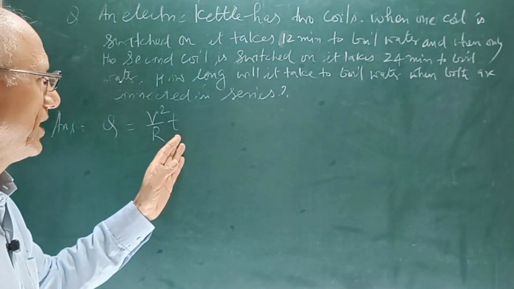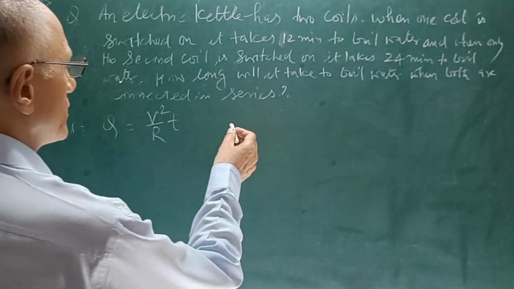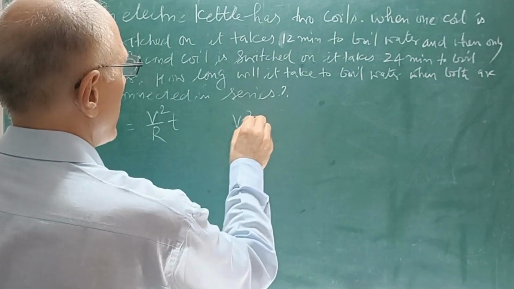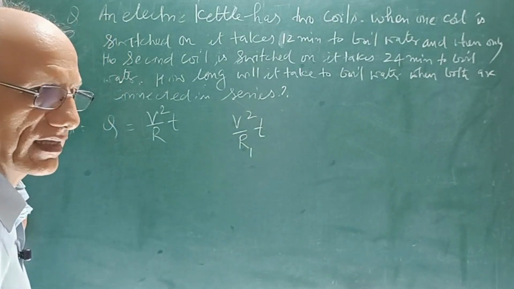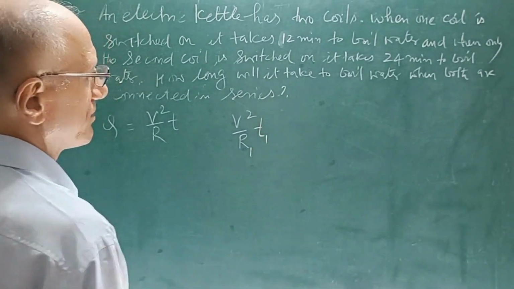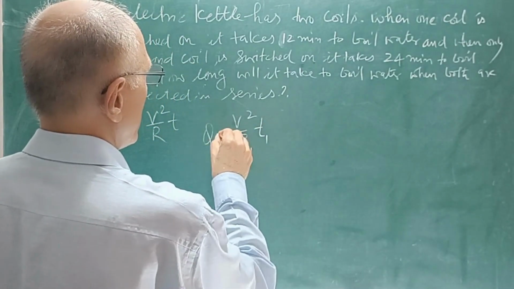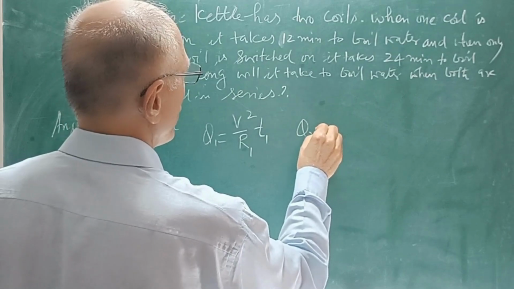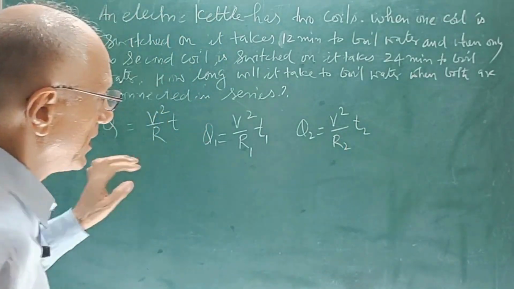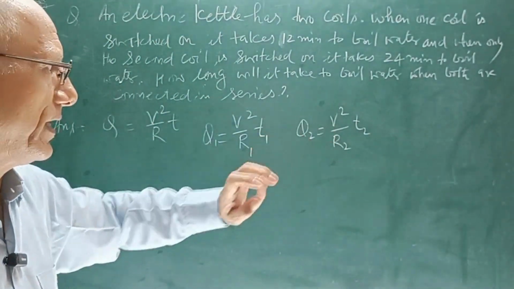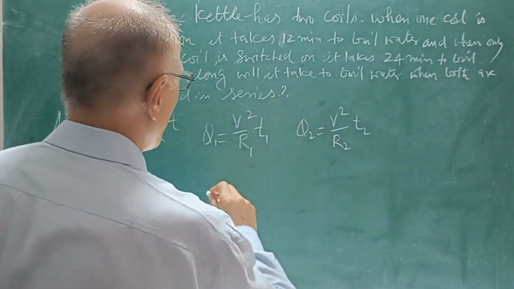Let us take T. So heat produced is V square by R T. So for the first coil, it is V square by R1 T1, and for the second coil, Q2 equals V square by R2 T2. This V is the same source, and the water is also the same, so Q1 and Q2 will be equal.